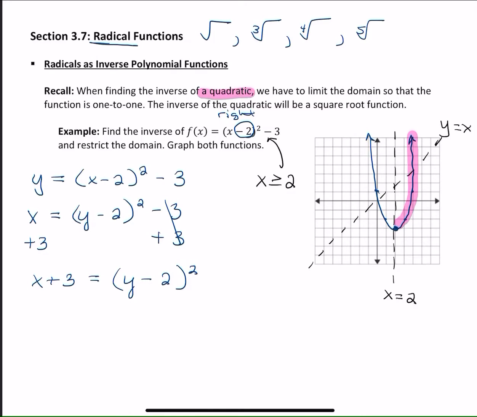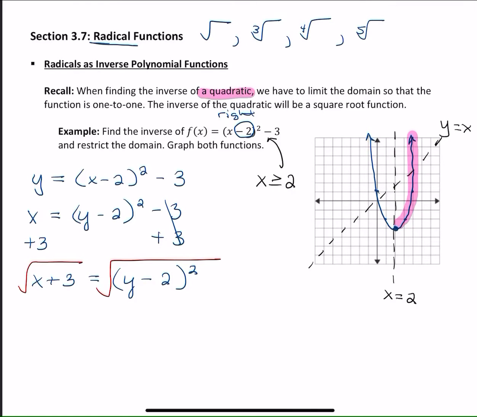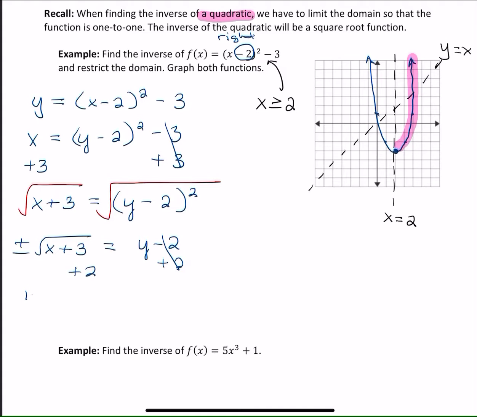Now if I want to get rid of that squared, I need to square root both sides, which will leave me, remember when you square root both sides, you get positive or negative square root of x plus 3 equals, and then on the right, the square root undoes the square, so you're just left with what's under it, which is y minus 2. And then I'm almost done. I'm just going to add 2 to both sides. So that gives me positive or negative square root of x plus 3, plus 2 equals y.